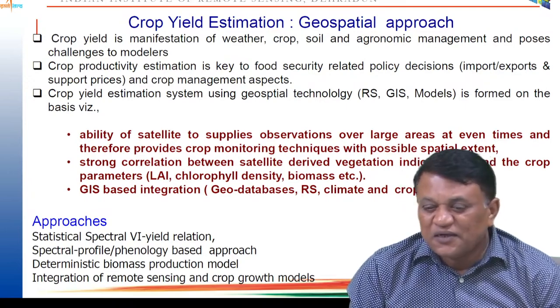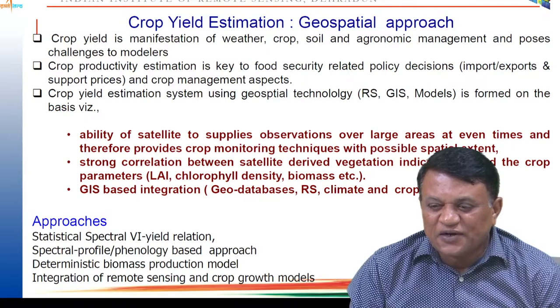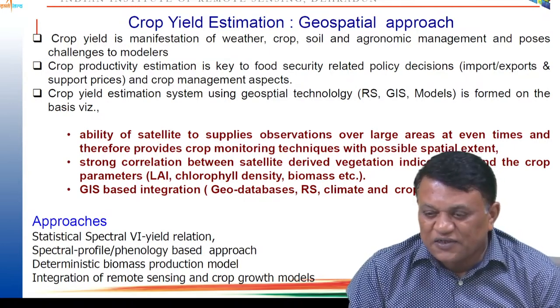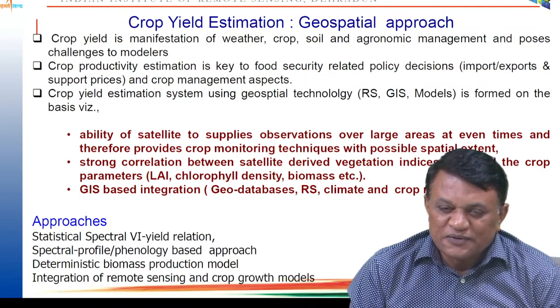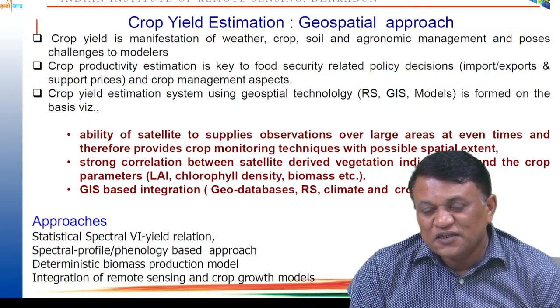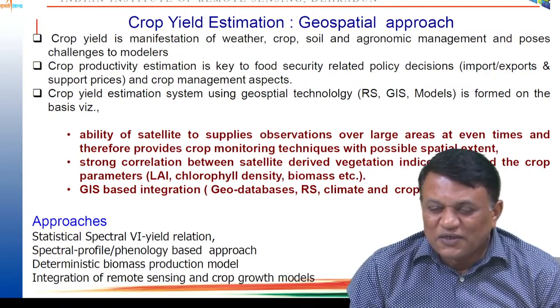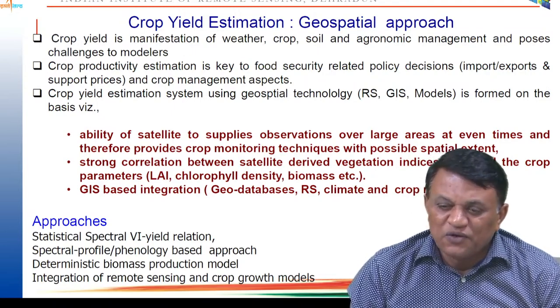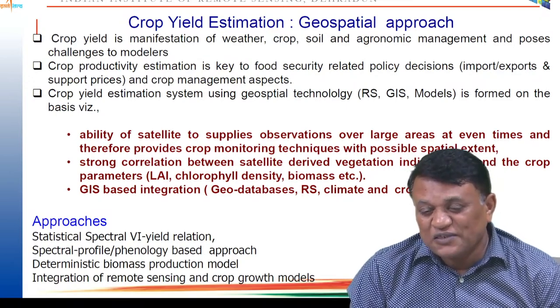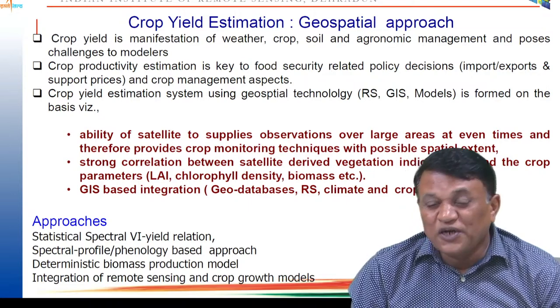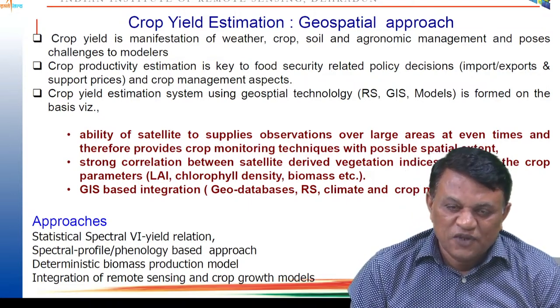Crop yield estimation using geospatial technology covers remote sensing, GIS and models, formed on certain bases. One important thing is that satellites provide observation over large areas and throughout the whole growing season. That is why it provides crop monitoring techniques.